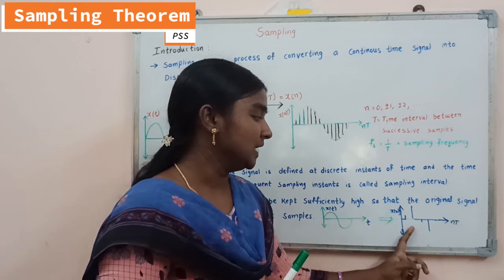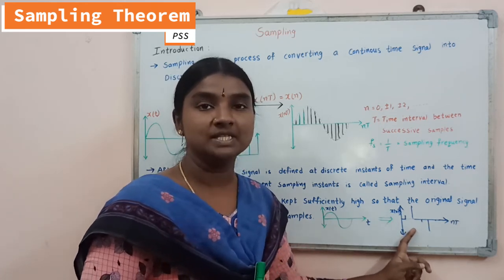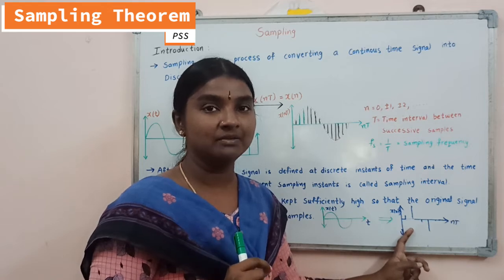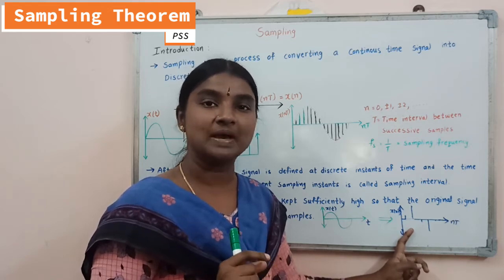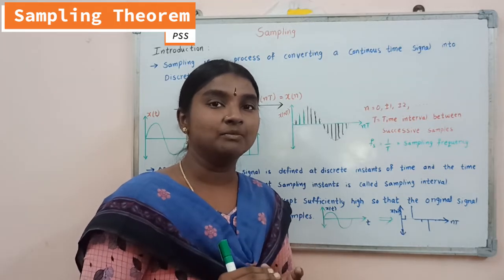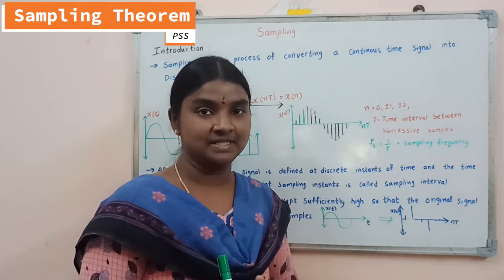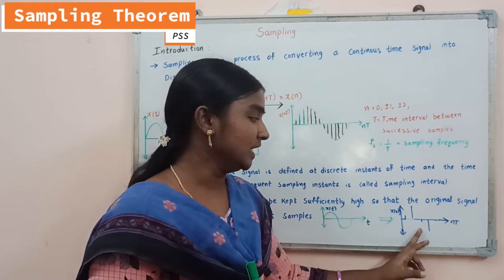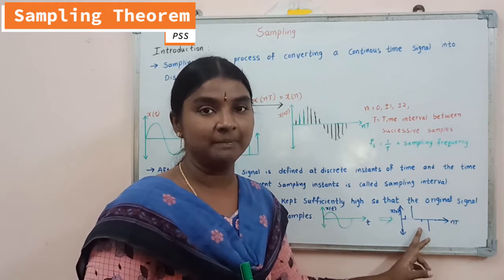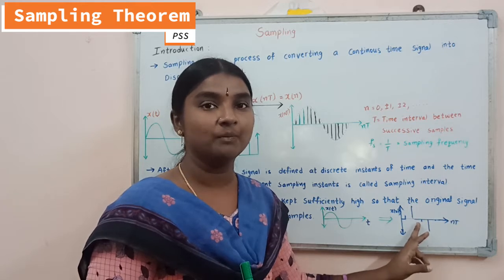When capital T is more, the sampling frequency is very less. When the time interval between two successive samples is more, we cannot draw the original continuous time domain signal as it is. So here we cannot say that this is a sinusoidal signal, because the time period between two samples is more.